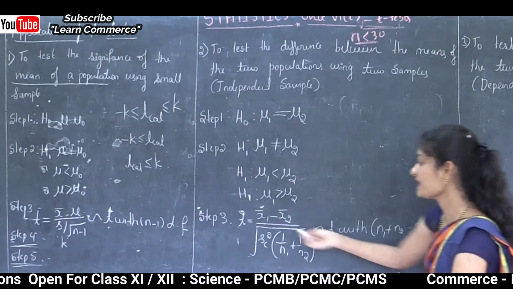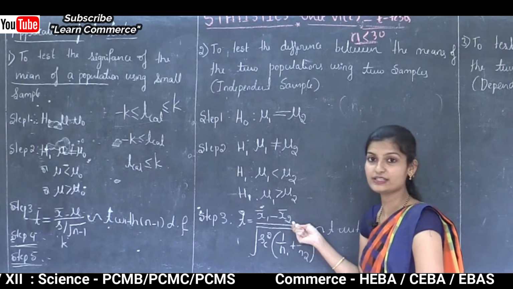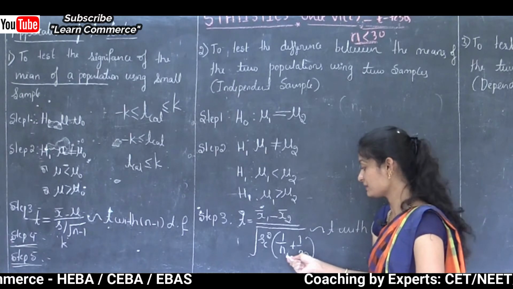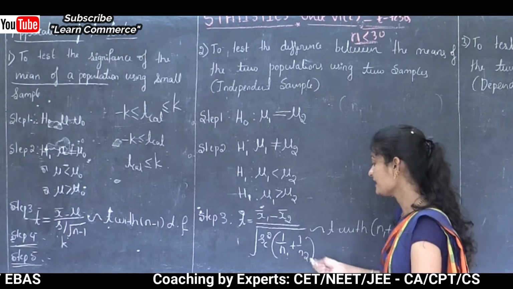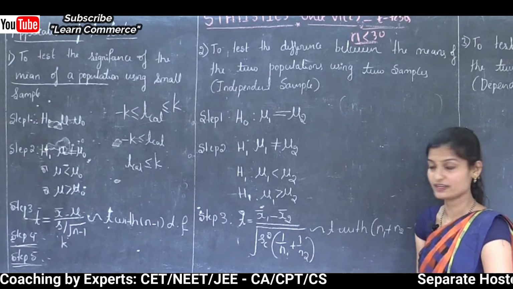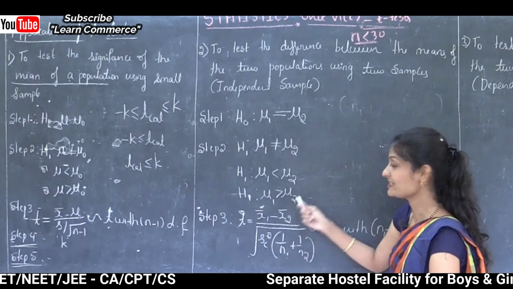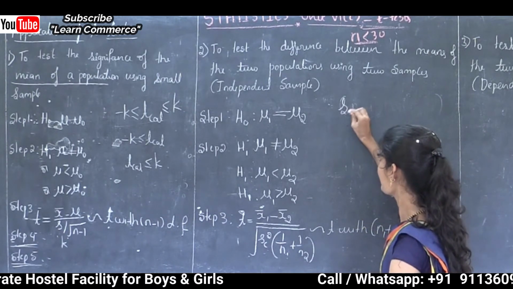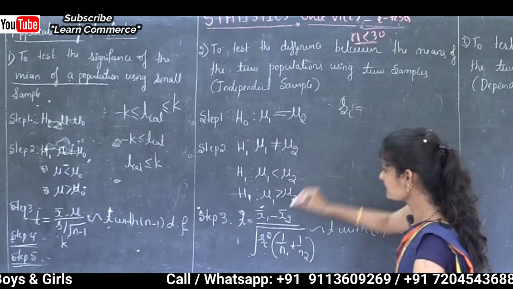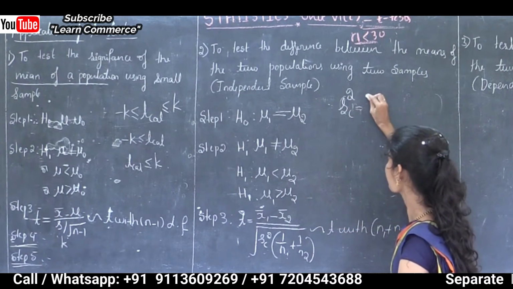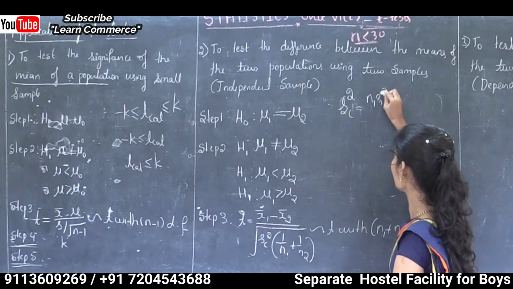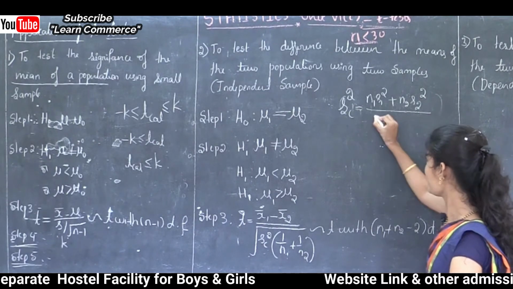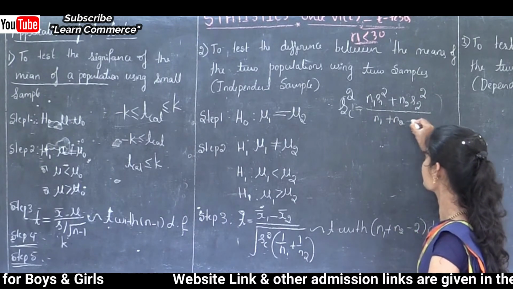Here x bar 1 and x bar 2 are the sample means, n1 is the sample size of the first set of observations, and n2 is the sample size of the second set of observations. Here SC square, in the sense of the pooled standard deviation. To find SC, we use SC square, which is n1 S1 square plus n2 S2 square divided by n1 plus n2 minus 2.